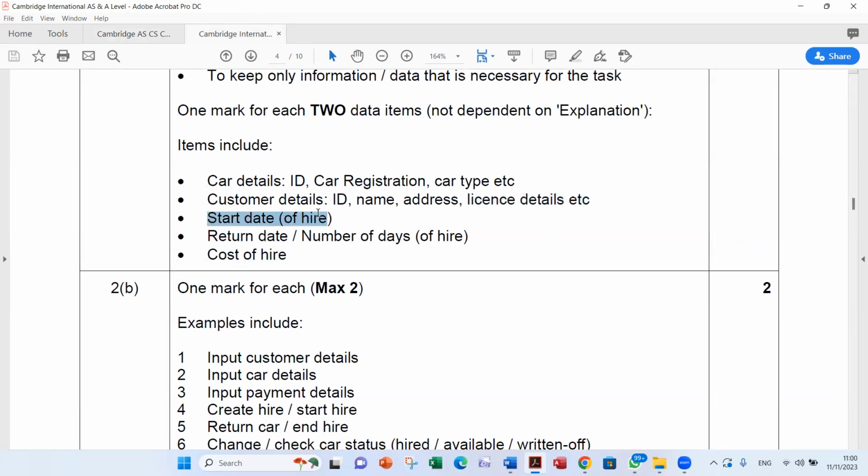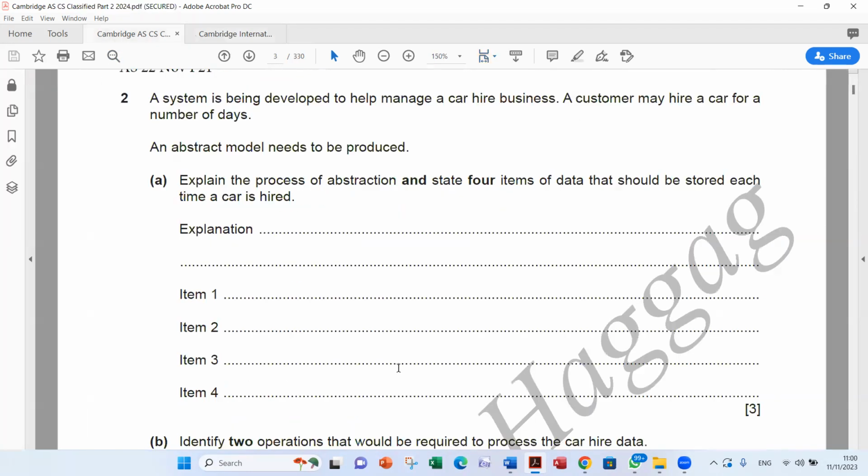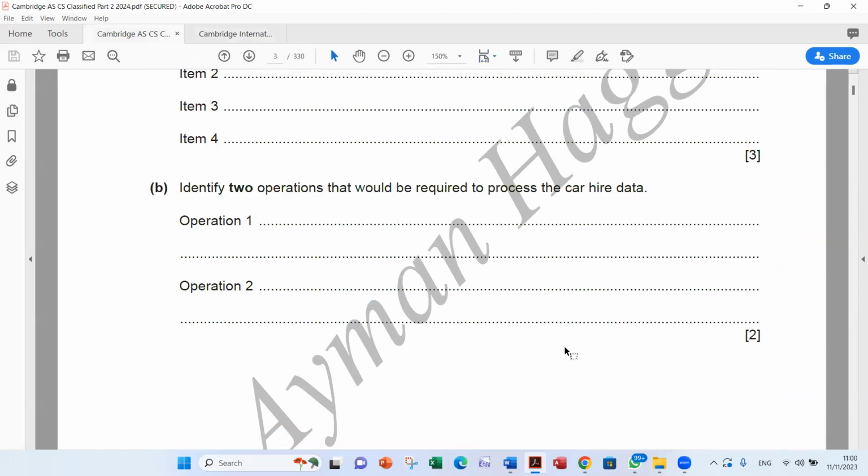Start date of hire, return date, or alternatively, the number of days of hire, and definitely the cost. These are the pieces of information that you would like to focus on. Anything else, you put aside, and this is the process of abstraction. This is abstraction.